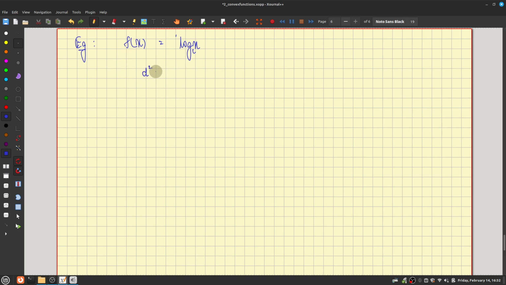So d square f by dx square. Again, this is defined only for x greater than 0. So the domain is the set of positive real numbers. What is the second derivative equal to? It's minus 1 by x square, which is strictly less than 0 for x greater than 0. So it is concave.